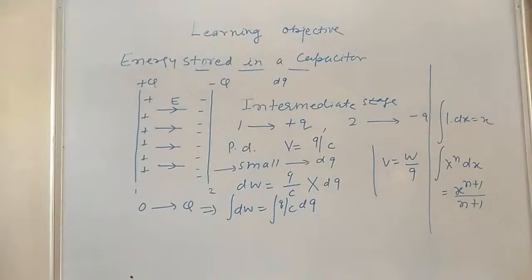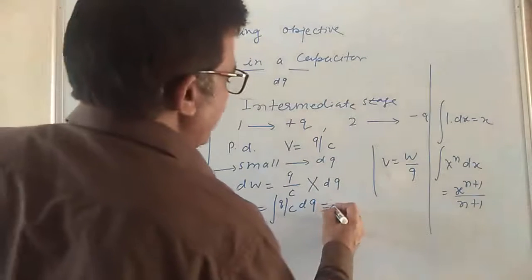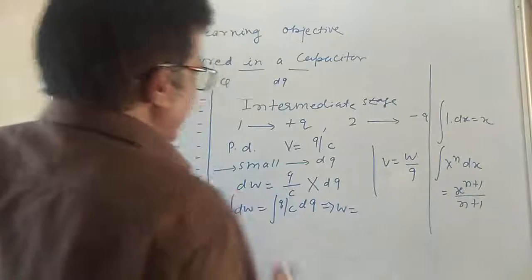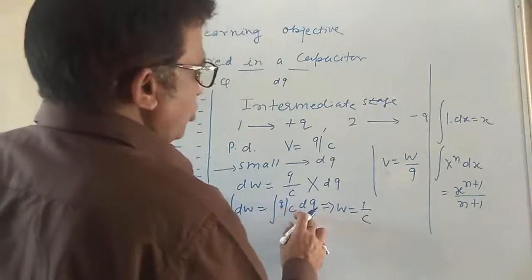Then we have to use this integration and get the result. Here integration of dW is W. 1 by C may be taken out. Integration of Q dQ.